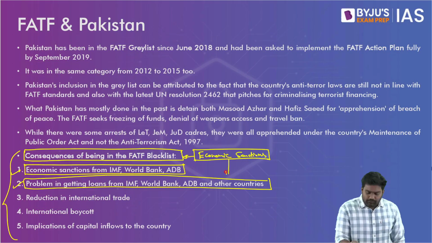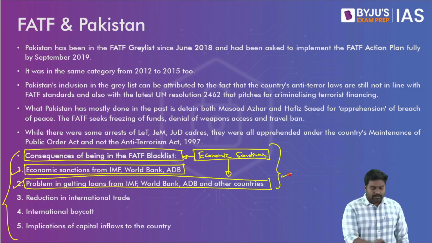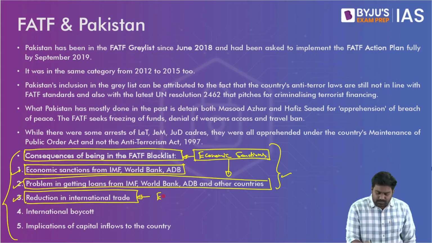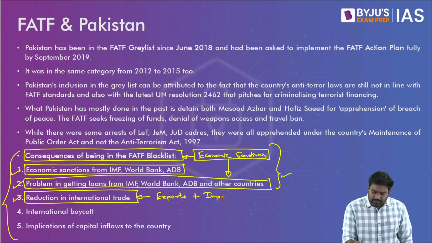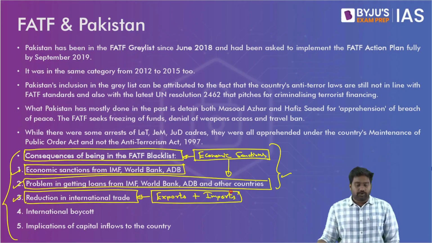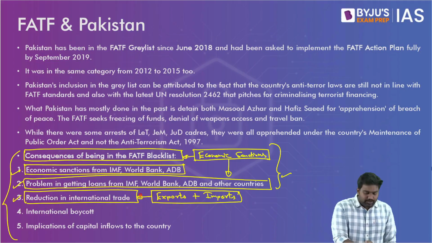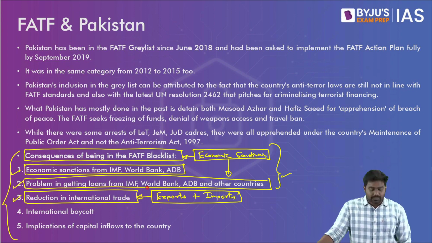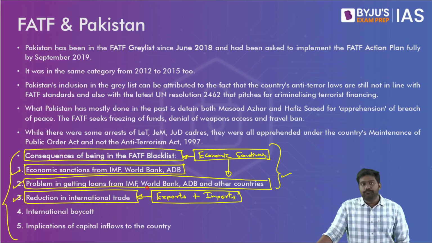It will bring full-fledged sanctions on them. International trade will take a hit. Your exports and imports will be directly affected, as no trader or merchant will come forward to trade with those countries because they will attract penalties if they try to do that. Understood? Settling the transaction becomes difficult and almost impossible when global sanctions are imposed.